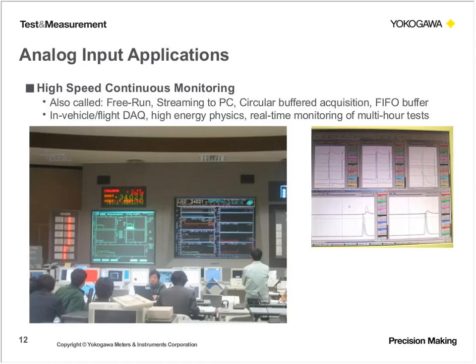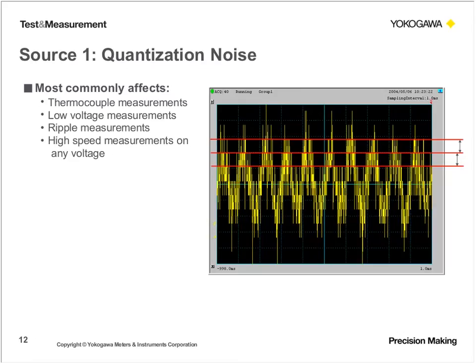And these can typically last for maybe a few hours to a couple of weeks. And in these applications, you're not typically looking to capture maybe an event, but you're more so using this to capture all of the data and analyze it when you go back in time. So these are some of the typical applications that we run into when we talk about analog input signals with data acquisition.